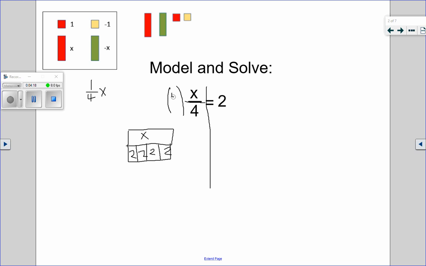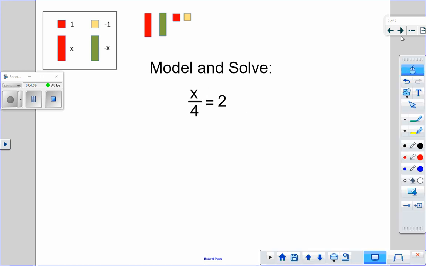So I'm going to do 4 over 1. And then 4 over 1 is the same as times 4. And the reason I did 4 over 1 is to show that I have a numerator and a denominator of 4, and they cancel to make 1. So I'm left with x is equal to 8. And that's exactly what we got before.